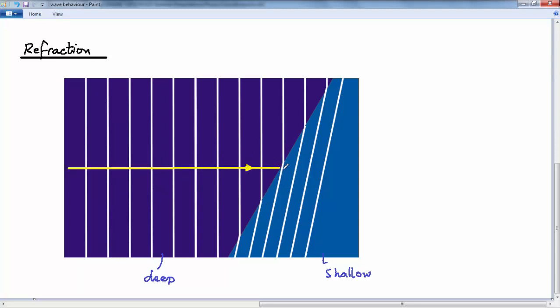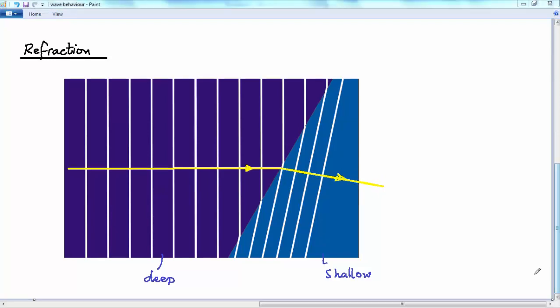As soon as the water wave hits this shallow region, it slows down, and a direct consequence of this slowing down is that it changes direction. So this now becomes the new direction of propagation of the wave as it passes through the shallow water. And it is this change of direction that we call refraction.